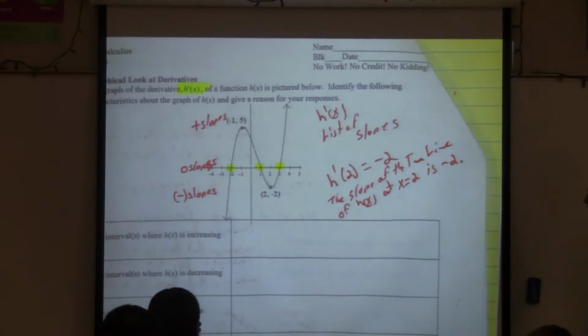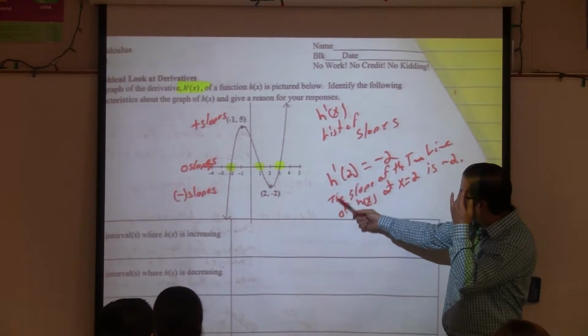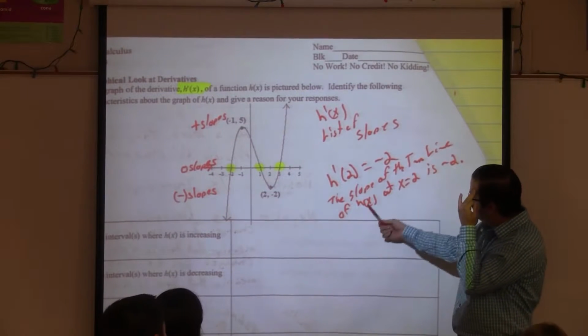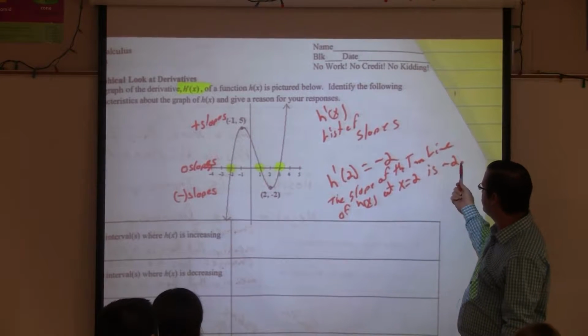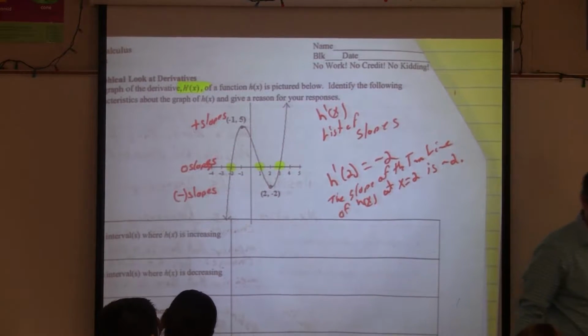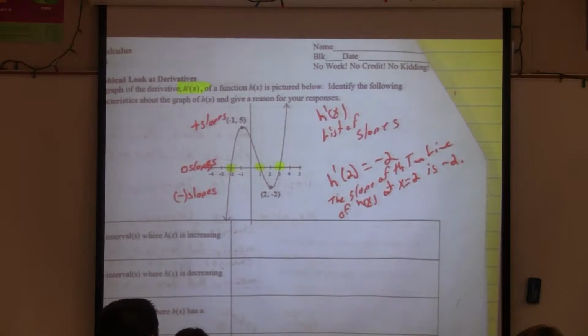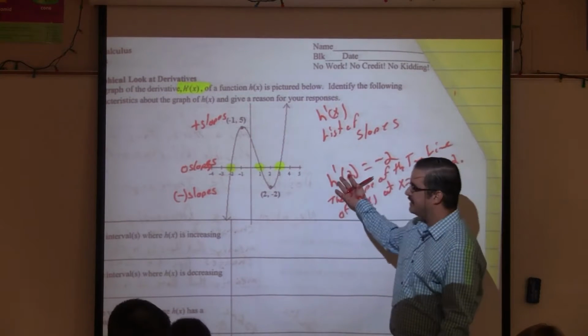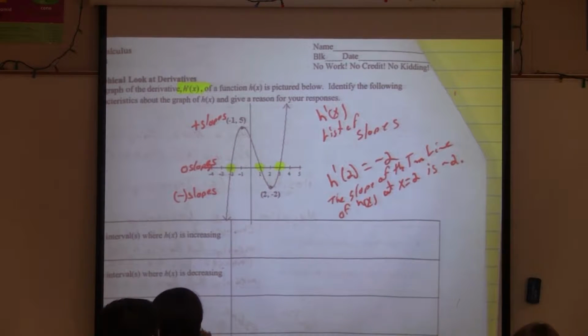That's what that means in English, okay? If I read this statement, that's what I need to think. This is telling me that the slope of the tangent line of the original function h of x at x equals 2 is -2. That's why we invented these mathematical symbols, to not have to write all that out. It's a little bit easier to write, but you have to understand what it means.